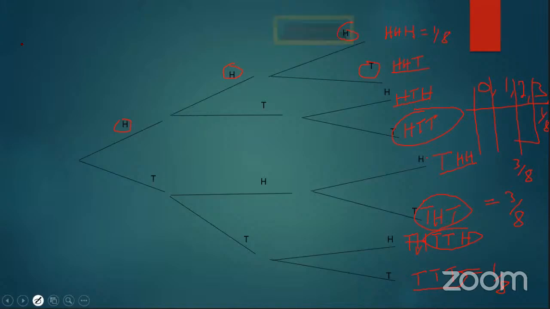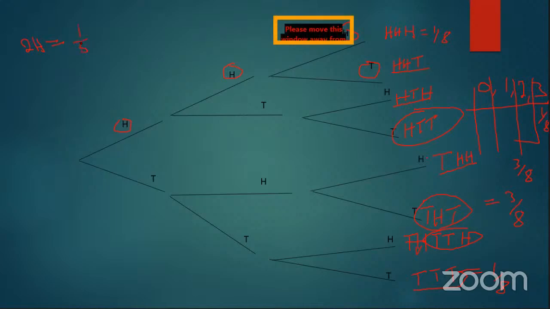Now, for example, for getting the probability of 2 heads, we have head, head, tail, which is 1 over 8. We add it to head, tail, head, which is also 1 over 8, and tail, head, head, which is also 1 divided by 8.